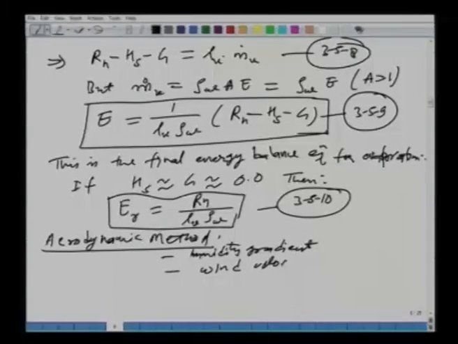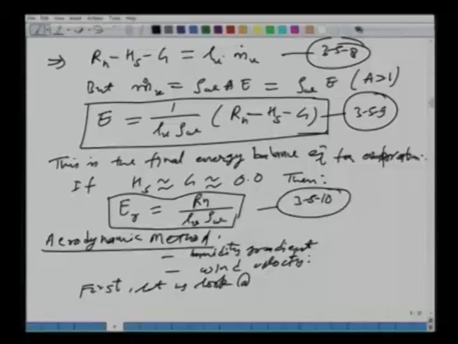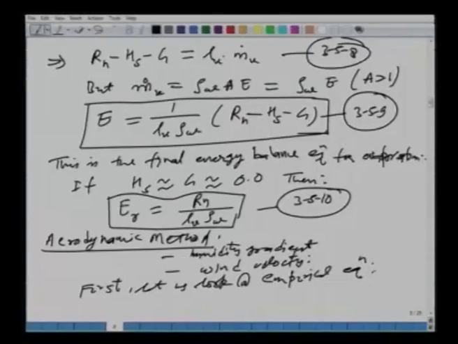We will develop this equation, but first let us look at a couple of empirical equations which are based on it. I am doing this intentionally because you may have seen these equations, and once we derive the aerodynamic method, you will see that it is the most general one, and how we can derive the other equations out of it.